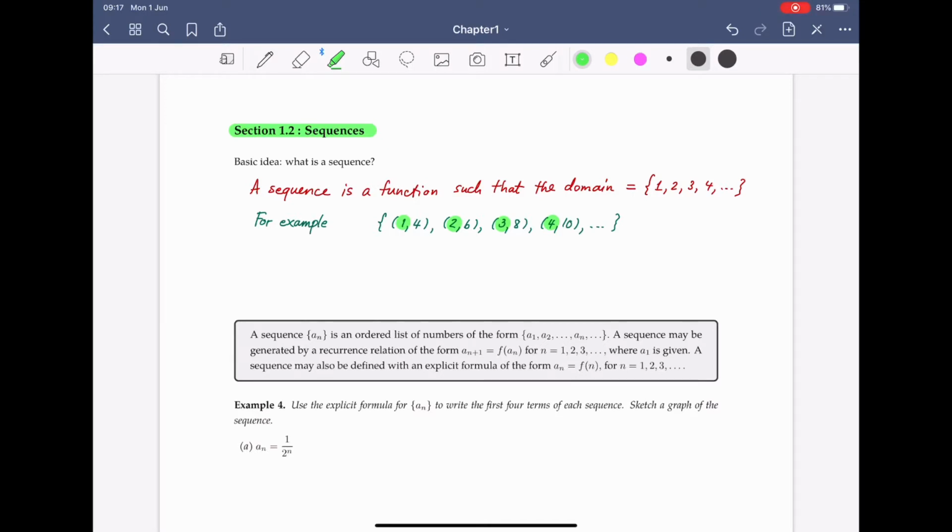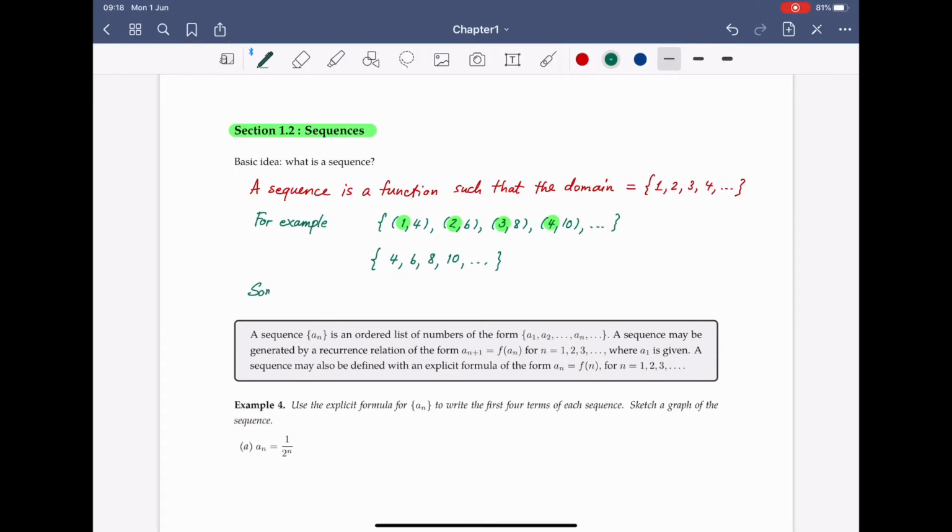So to make the notation cleaner, we can just say that this is 4, 6, 8, 10. That's it. So we understand the same way that the first term is 4, the second term is 6, the third term is 8. So we don't have to say 1 and 4, 2 and 6, 3 and 8. It's redundant. That is a lot better, right? To just make the notation shorter.